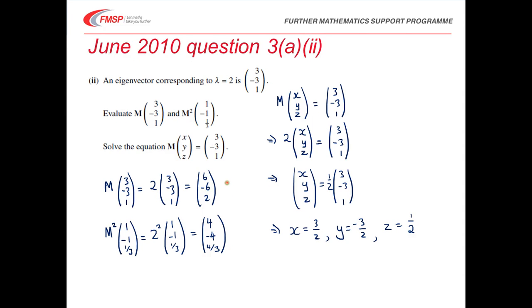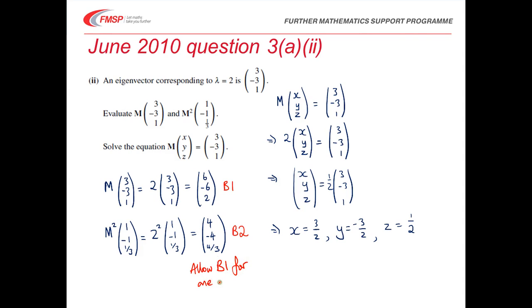For part B, there's a single mark for observing that you need to double the first vector, and two marks for observing that you need to multiply the second one by 4. And for this second one, you allow B1 for 1 sign error.